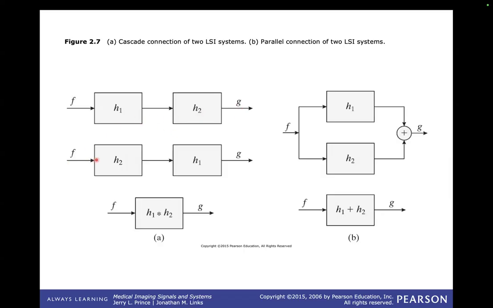I can take my input signal and do this one first, and then feed the output from that one into this first convolution, and I will get the same output, right? And the other thing I can do, if this is what's going to happen, and this is characterizing my system, one part of the system and another part, is I can just convolve these two things and call that one thing my system, right? That's true for linear shift invariant systems, okay?